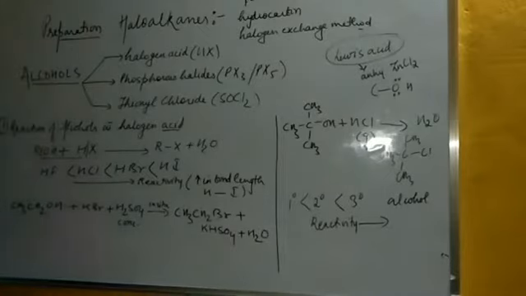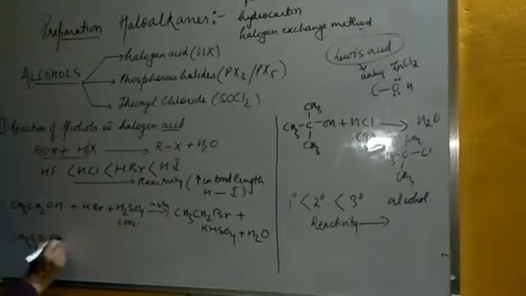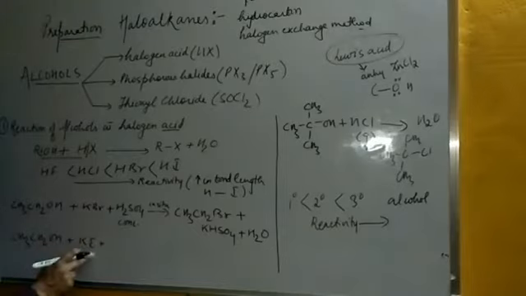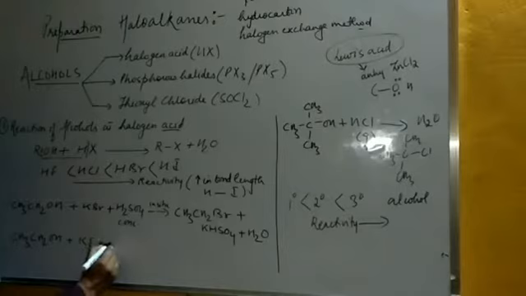So this is bromoalkane. Similarly, students, if we have to prepare iodoalkane, we can again get it in situ. We will take KI. Instead of KBr we can use NaBr also, and here also, instead of potassium iodide, we can use NaI, sodium iodide.